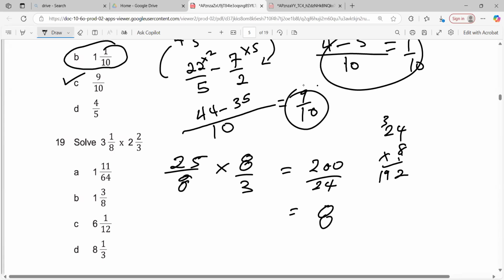So the whole number would be 8, and then the remainder would be 8. Sorry, and that would be 8 over 24. And then I would simplify that. So I would say 8 into itself 1, and then 8 into 24 3. So I would say 8 and 1/3.